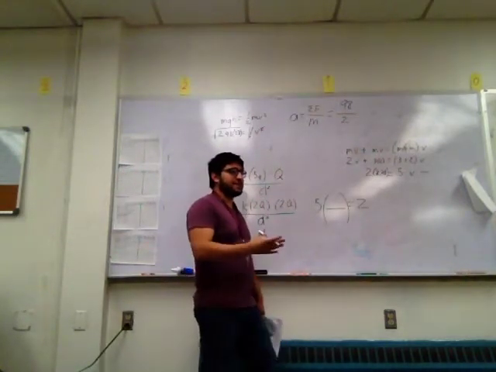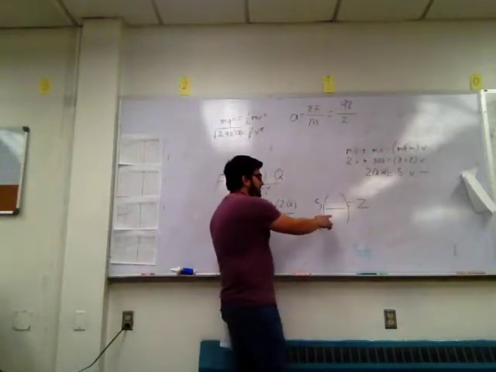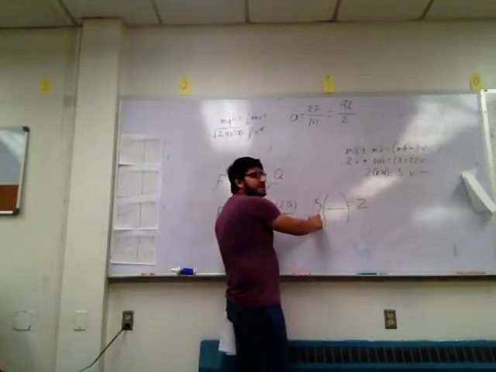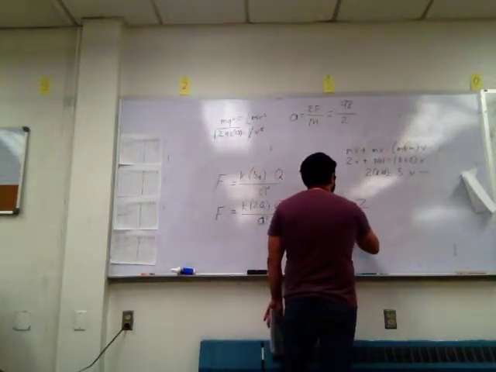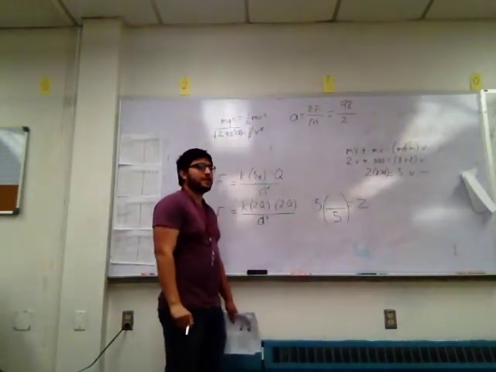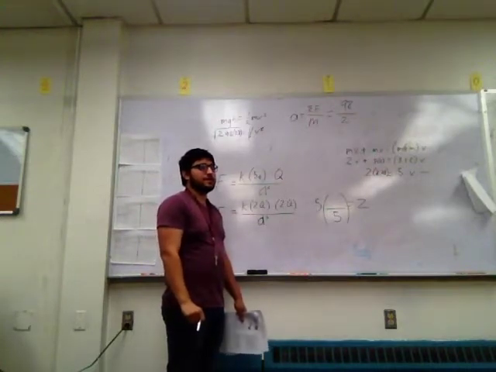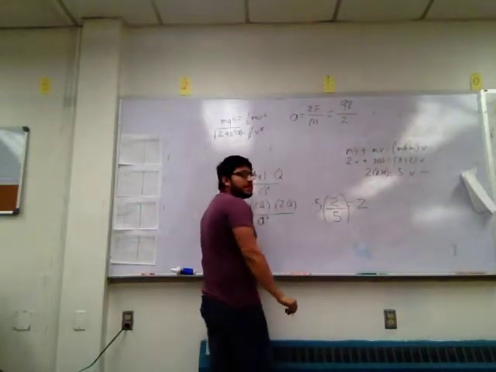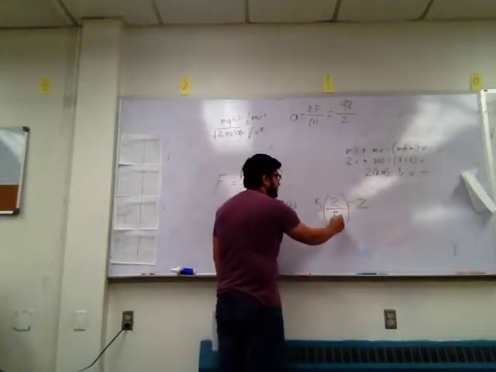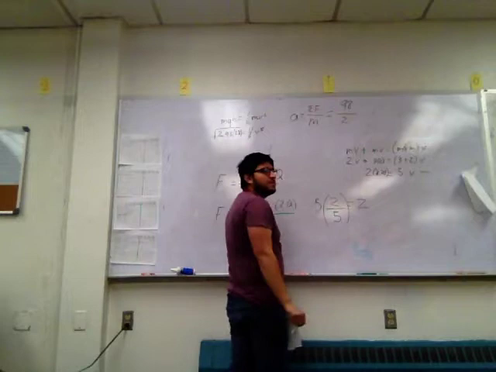But here's a strategy. I want the 5 to cancel, right? I want the 5 gone. So I'm going to put the 5 at the bottom. And what do I want to be left over? Top 2. So when I multiply, these cancel out, leaving me just with 2.